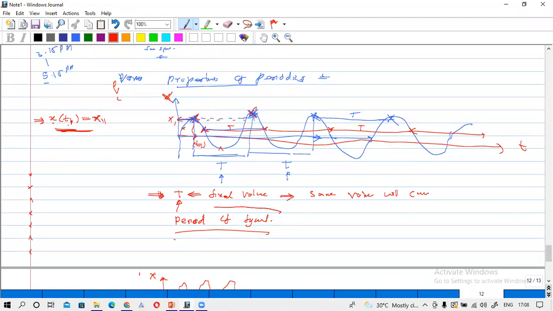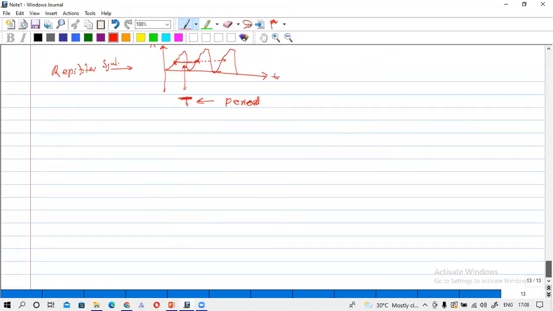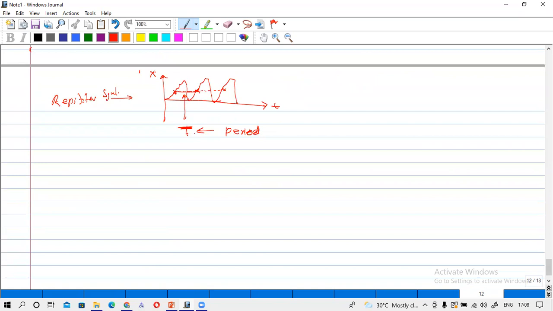This is the period of the signal. So say the period of the signal is T. That means after T time, the signal will get the same value.